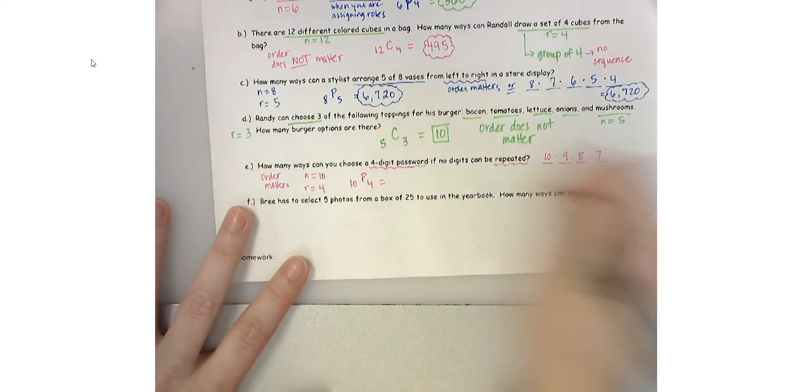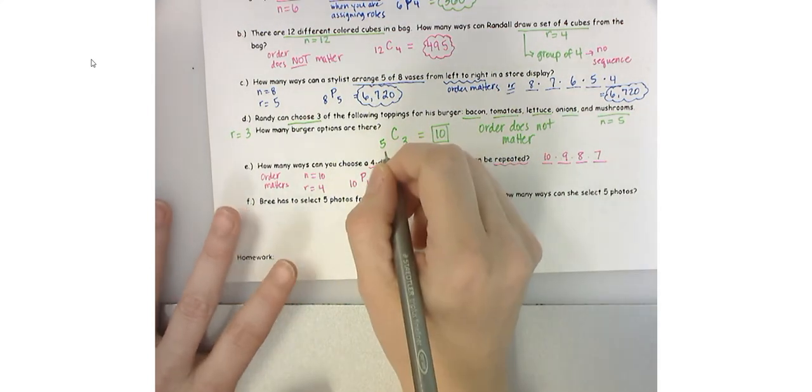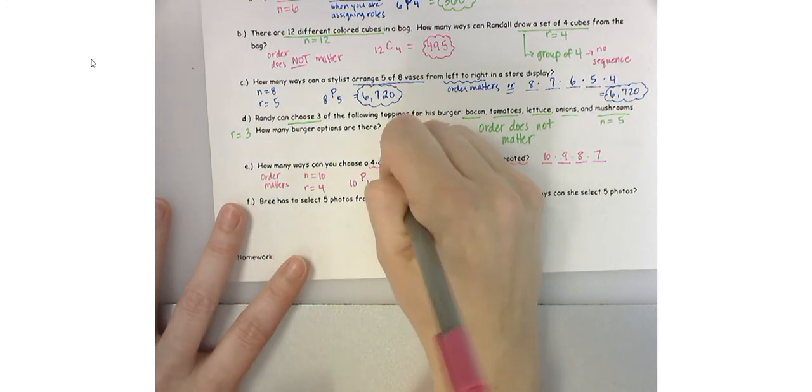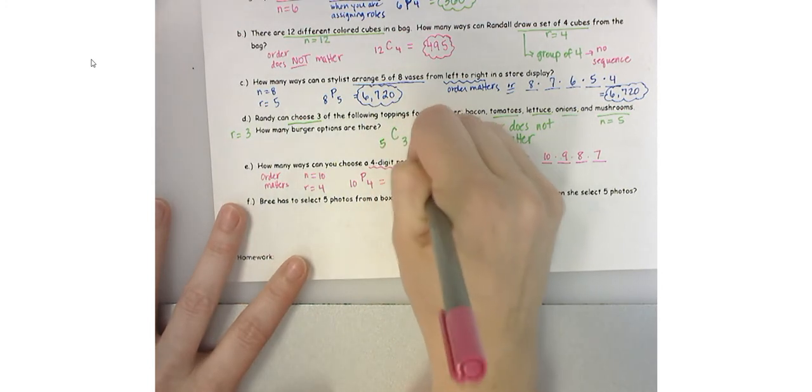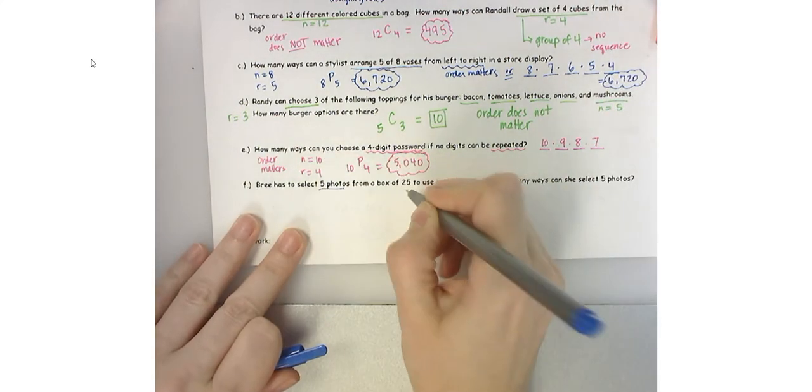So that means your order does not matter. Okay, so out of the 25, she's just going to choose 5 of them. And she still has a lot of options. So she has 53,130 ways that she can choose a group of 5.